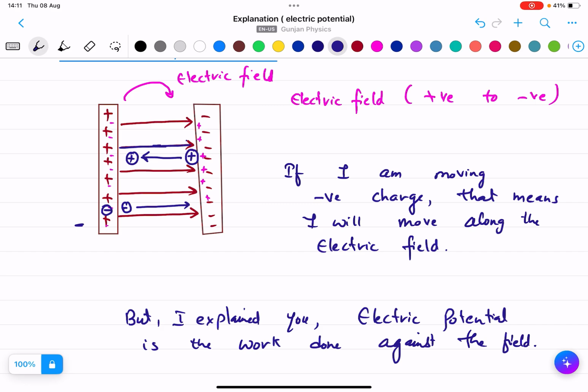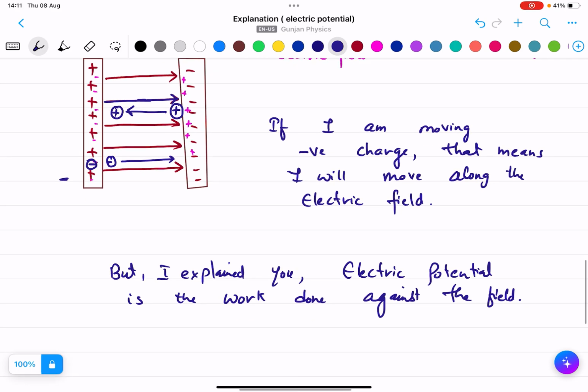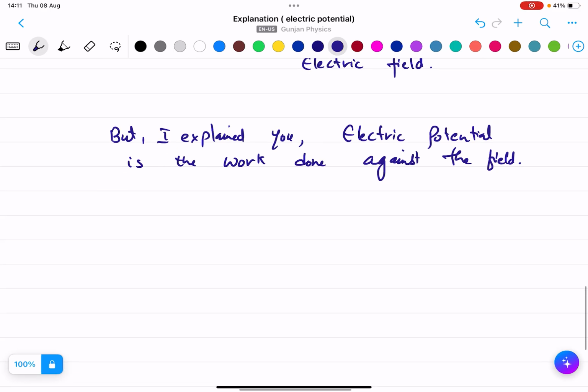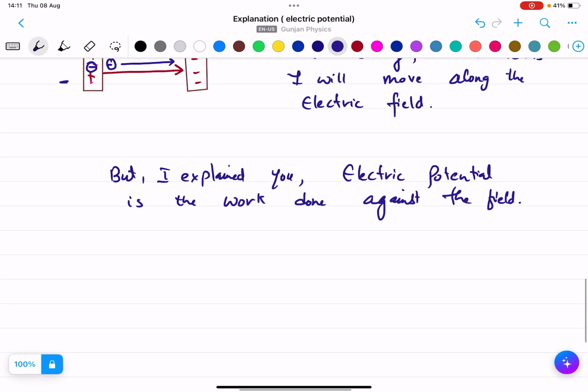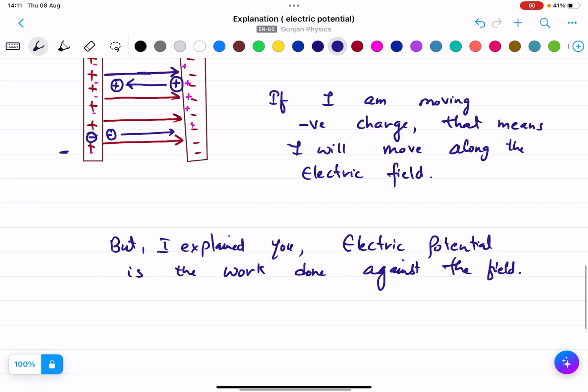The electric field is in this direction, but I am moving in this direction, so my movement is opposite to the electric field. So if I am moving a negative charge, I will move along the electric field.